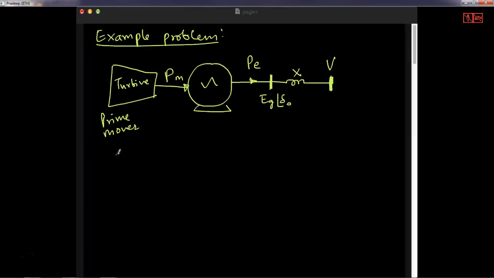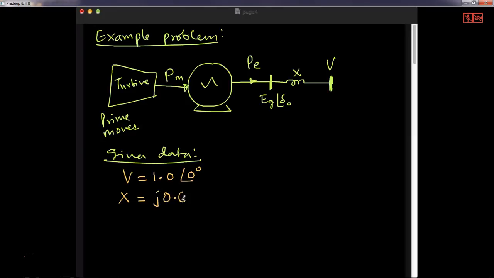Now, given data: the terminal voltage is 1.0 angle 0 degrees and the reactance is j0.6 and the EMF generated by the machine is, let's say, 1.25.